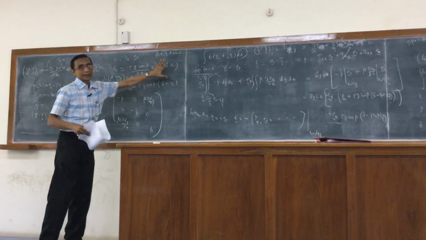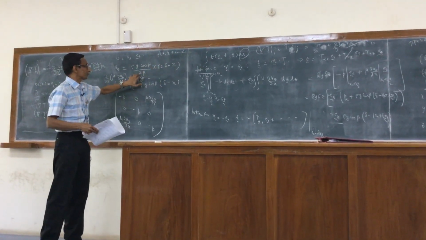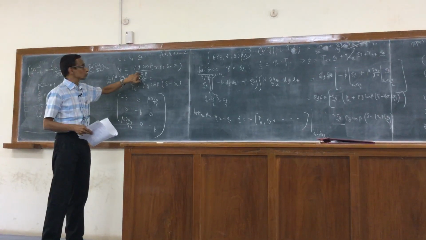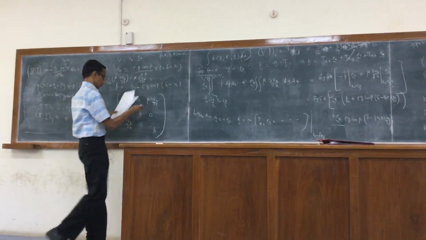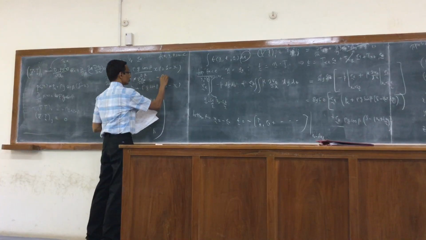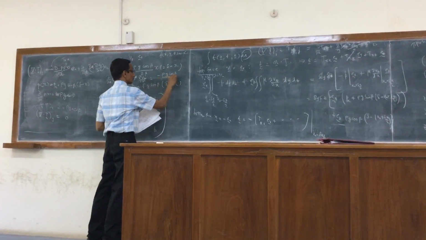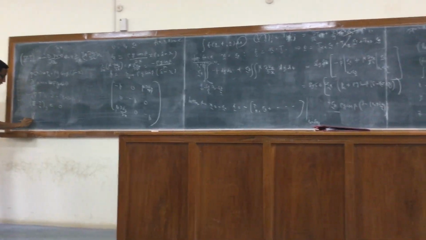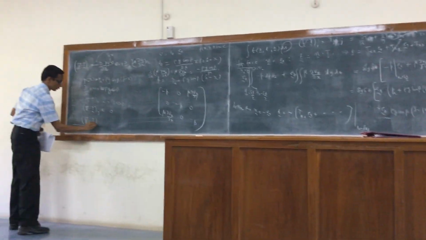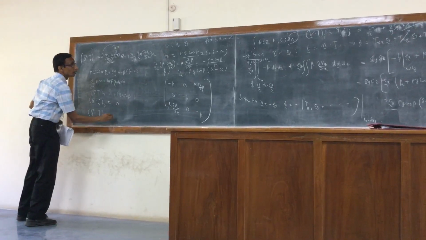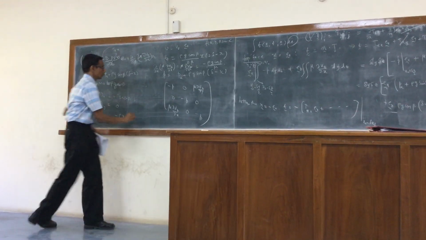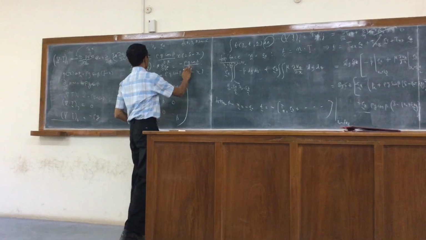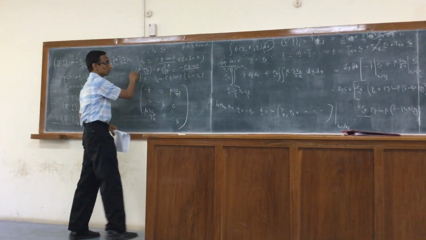That's the only x dependence. Minus 2 times this will cancel with 2, and I will simply get minus, and so I conclude that minus, sorry, the mu also cancels because I have a mu here, right?